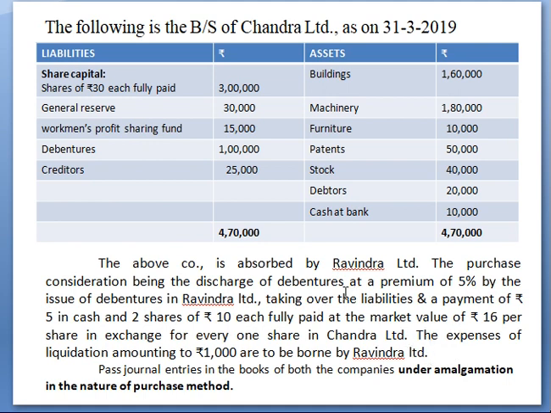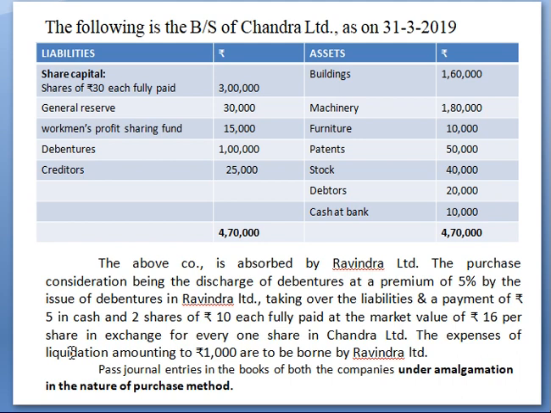Next, the expenses of liquidation amounting to rupees 1,000 are to be borne by Ravindra Limited. Which means, who incurs this liquidation expense? The selling company will incur the liquidation expense. Such expenses are paid by Ravindra Limited.